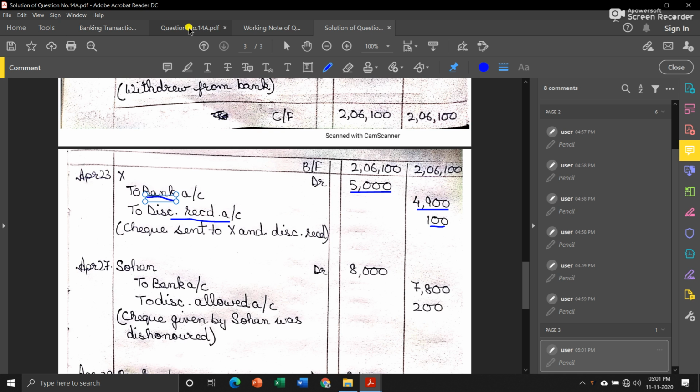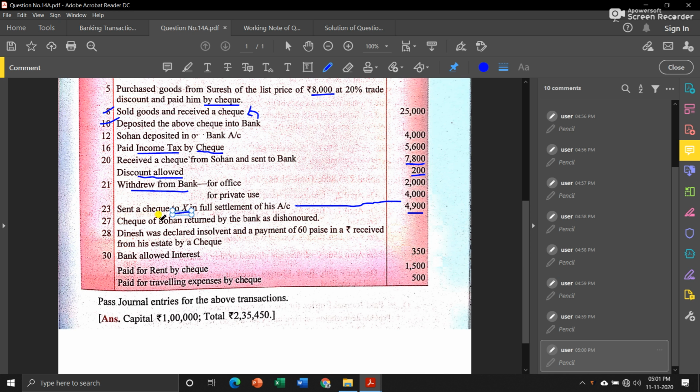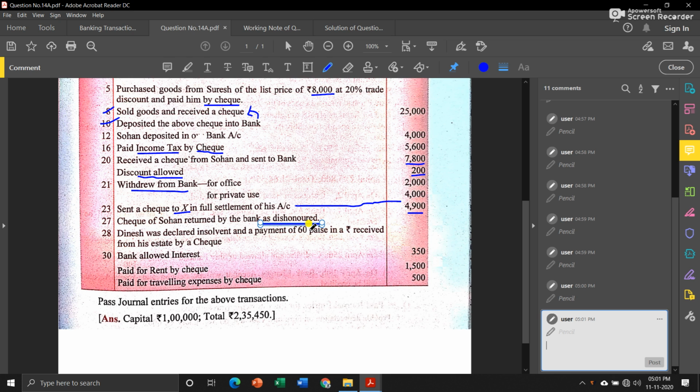Okay, then next transaction, check of Sohan returned by the bank as dishonored. Now the check that we had received from Sohan earlier was given back to us by the bank saying that it was dishonored, so we have to refer on which date we made that entry in our journal.